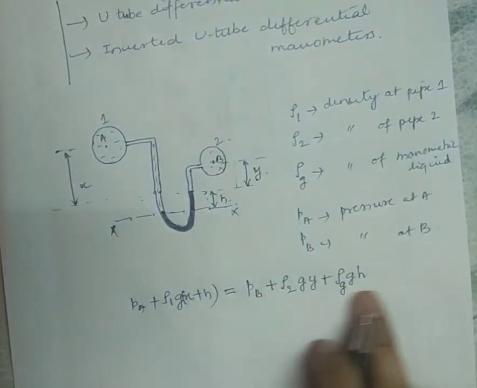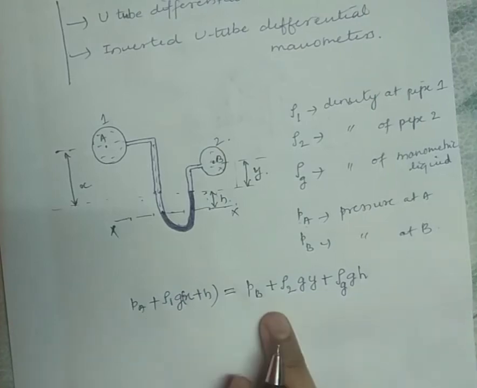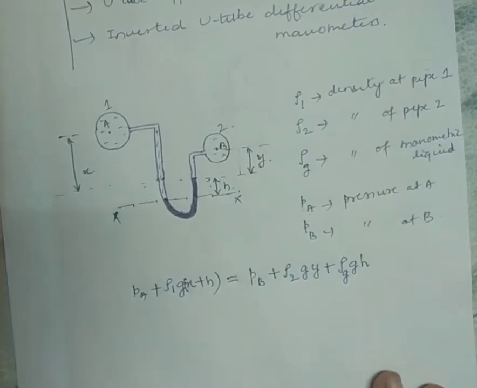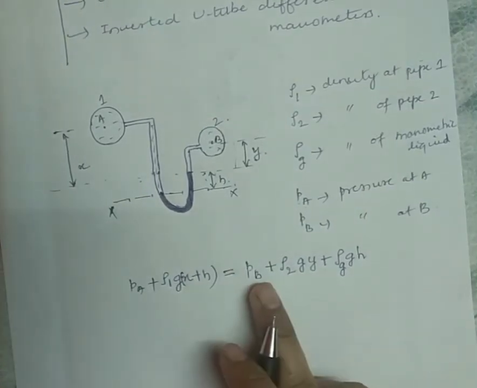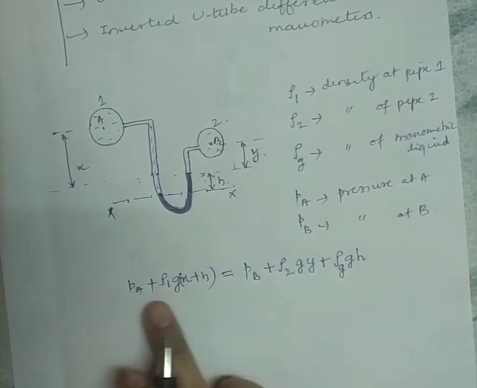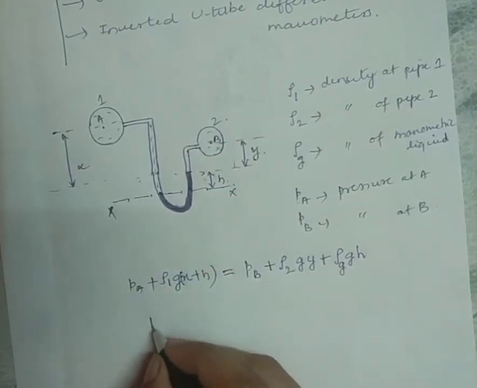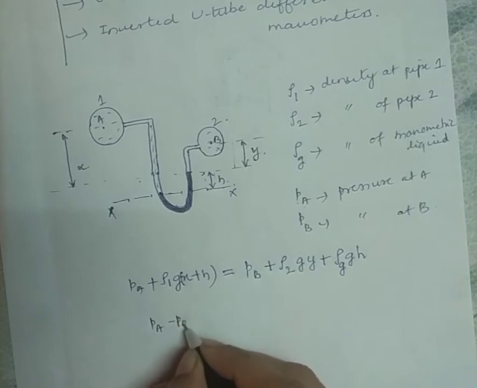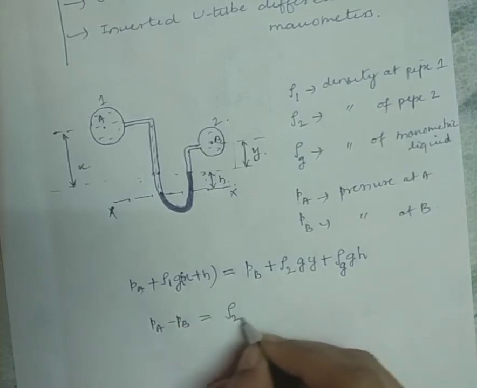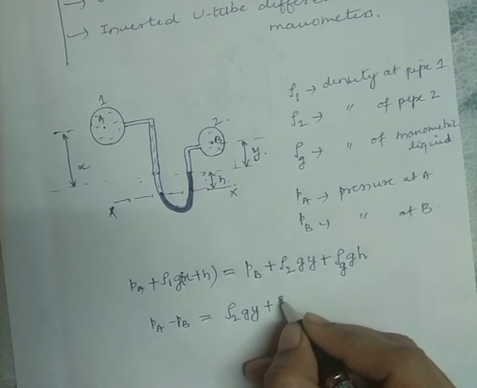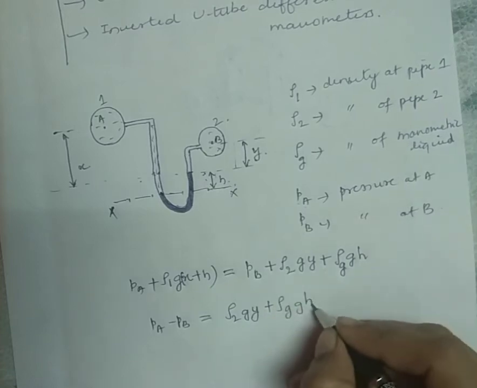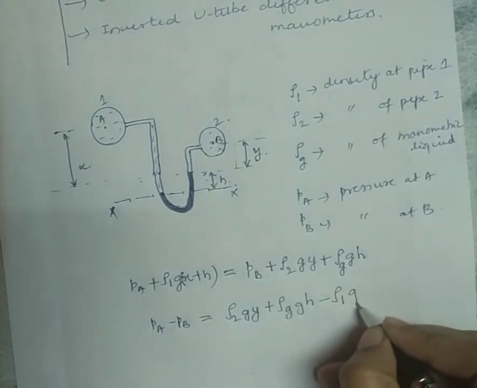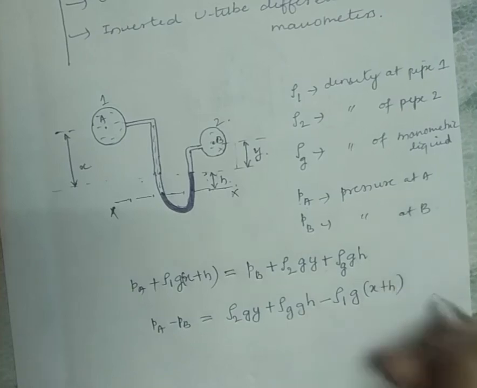Now I got the relationship between PA and PB. Now I just have to find out PA minus PB. I am taking PB to one side and the rest to the other side. So PA minus PB is equal to rho 2 g y plus rho g g h minus rho 1 g into (x plus h).